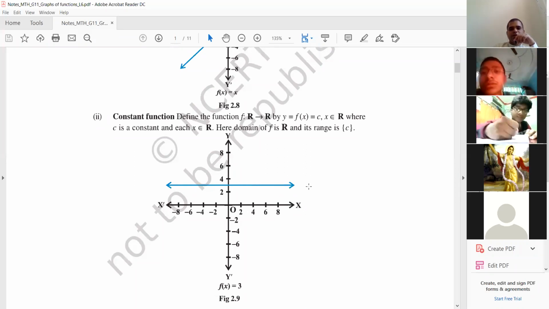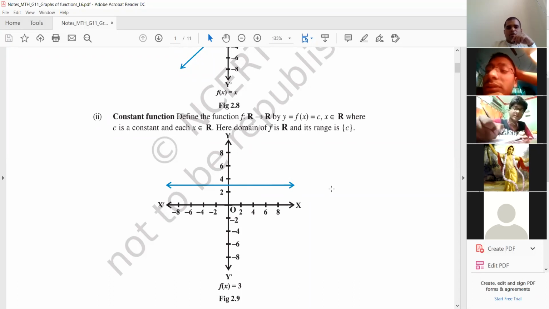So what is the domain and range of this function? What values can x be? Infinity to infinity, correct. You see, we can take any values of x. So you say that the domain is real.